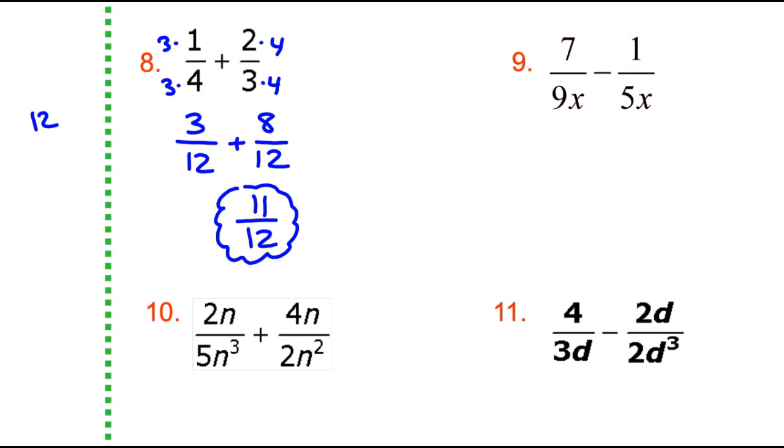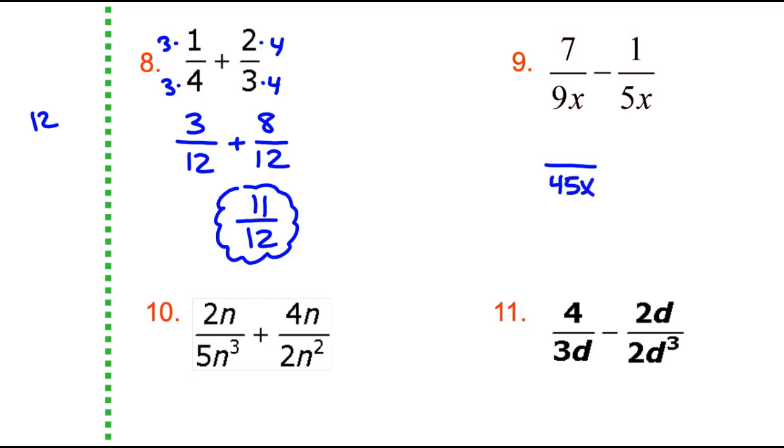So number 9, we have a monomial with a variable in it, 9x and 5x. If you're trying to get common denominators with variables, look at the coefficients and get the coefficients to match. So the least common multiple between 9 and 5 is 45. And then they both have an x, so we're good. So really it was just 45x.